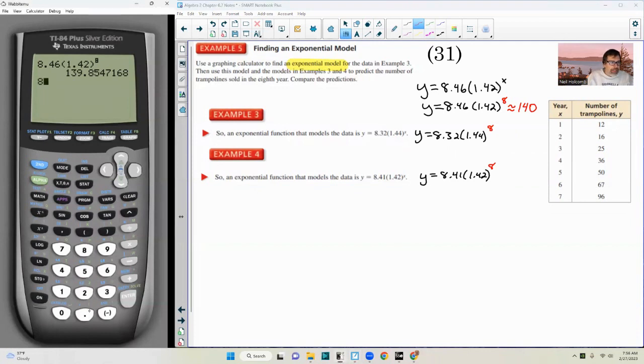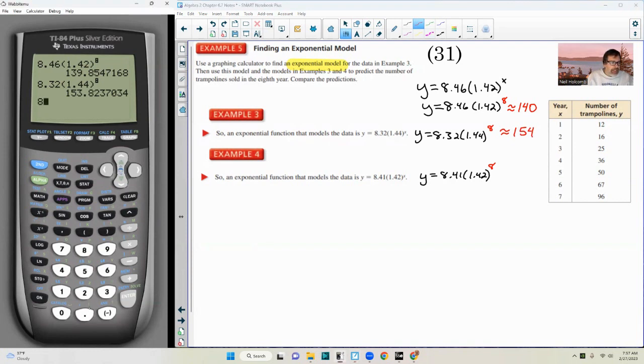Now I'm going to do 8.32 parentheses 1.44, close the parentheses, to the power of 8 and hit enter. That is roughly 153.8, 154 trampolines in the 8th year.